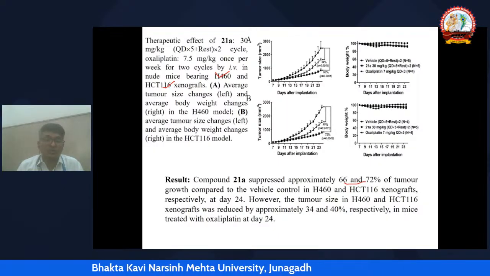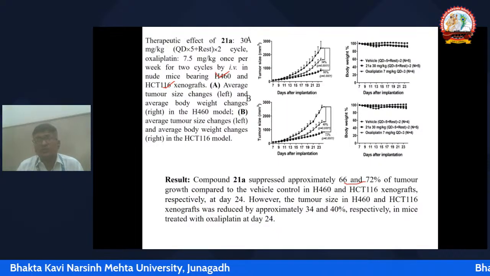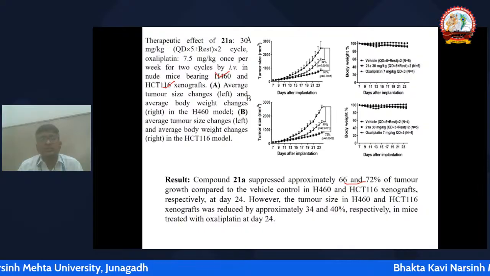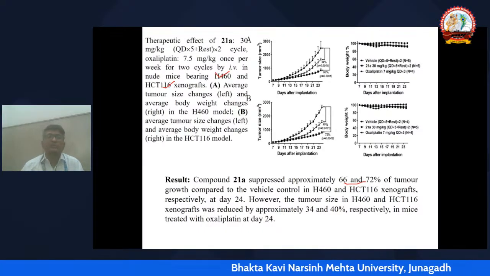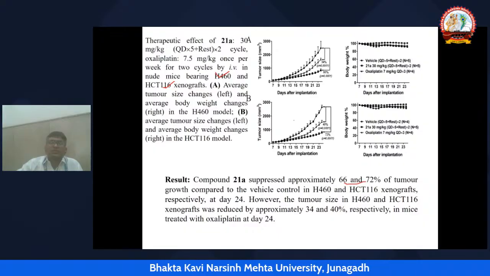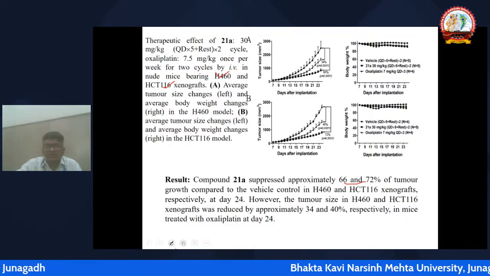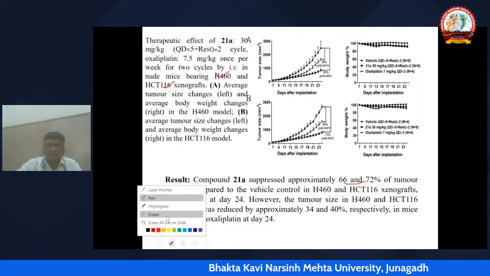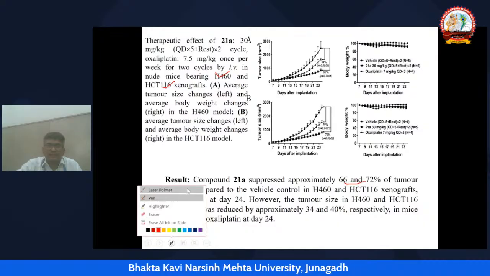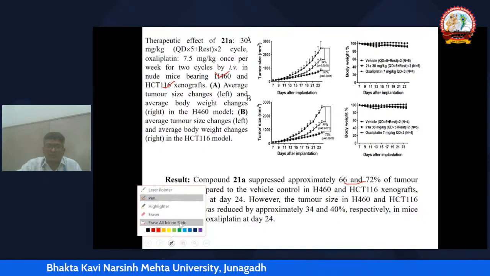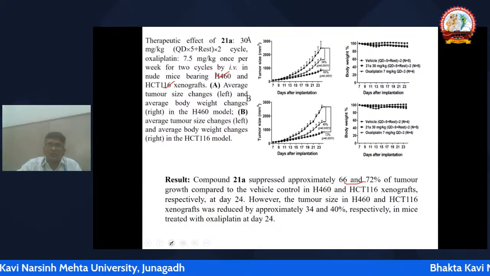So it shows that our compound is a very good anti-tumor agent in H460 as well as HCT116 xenografts, giving very good in vivo activity.